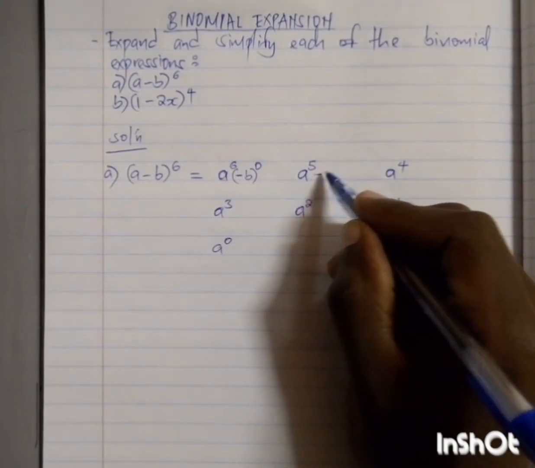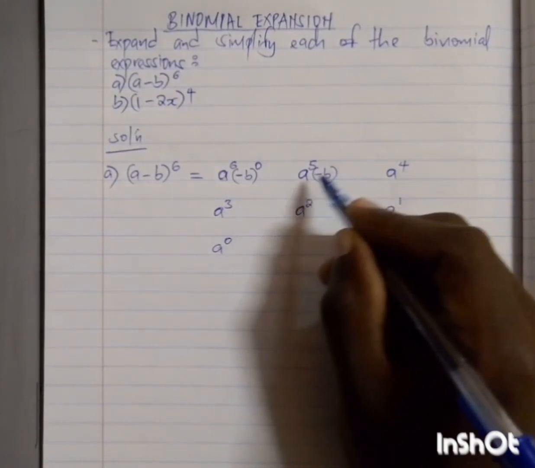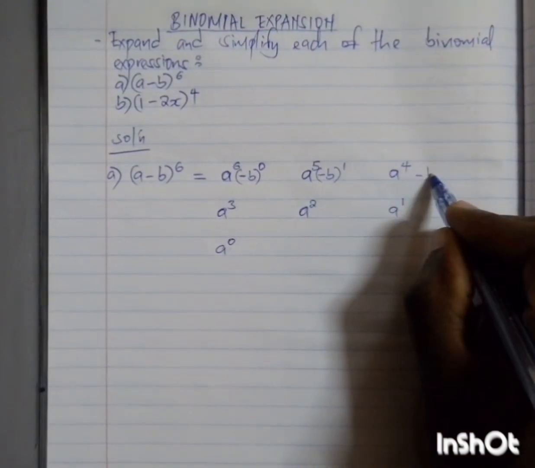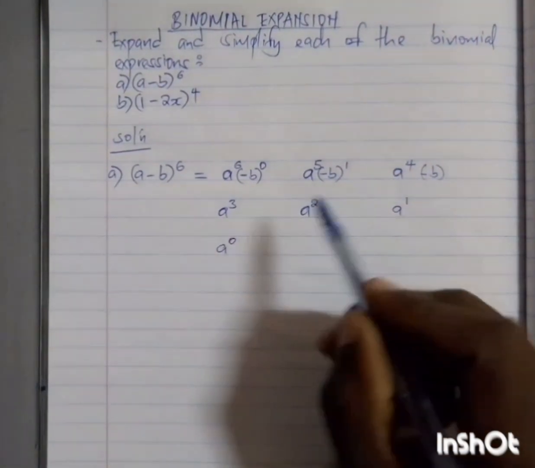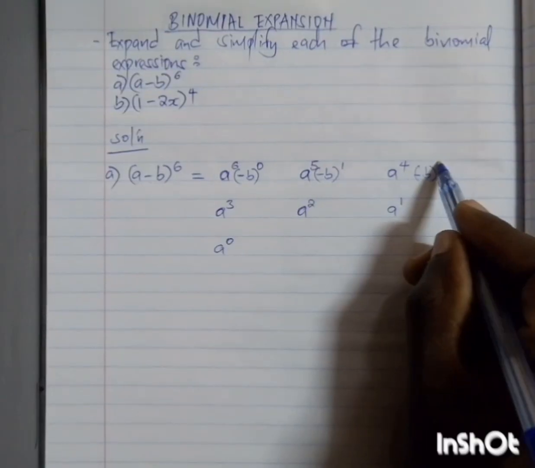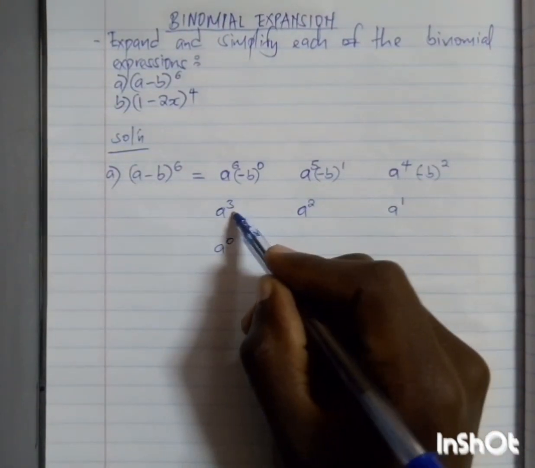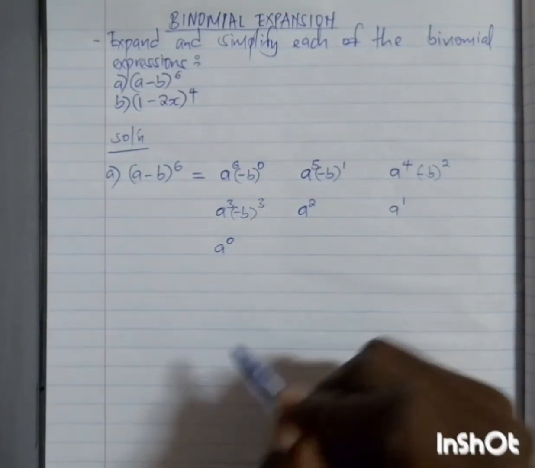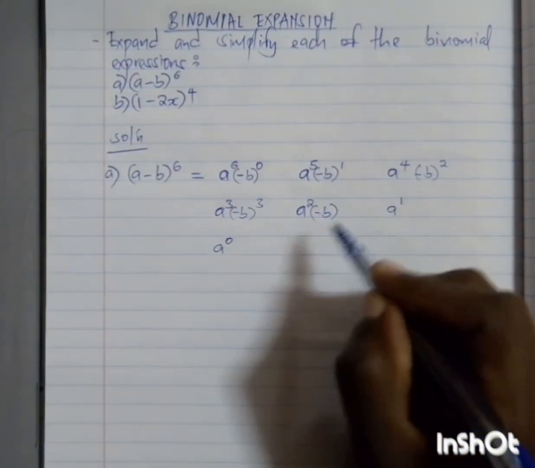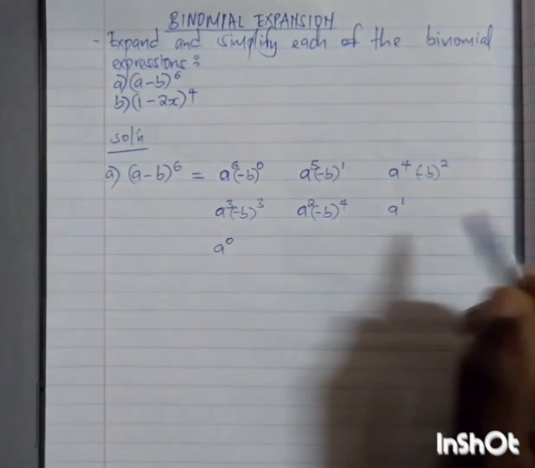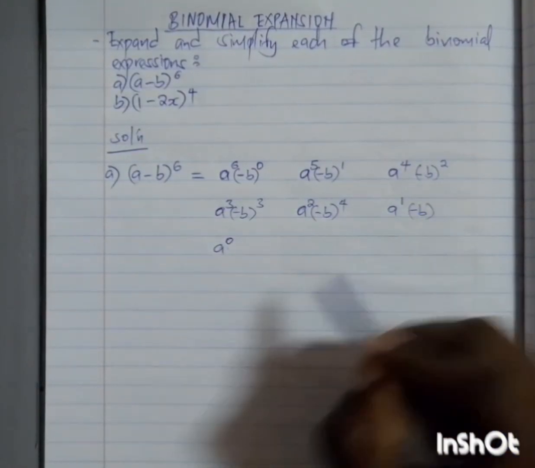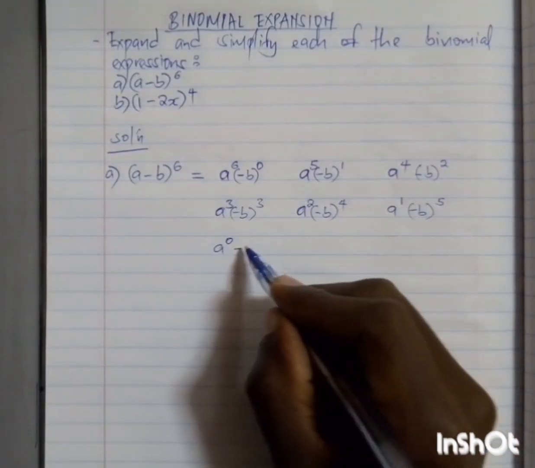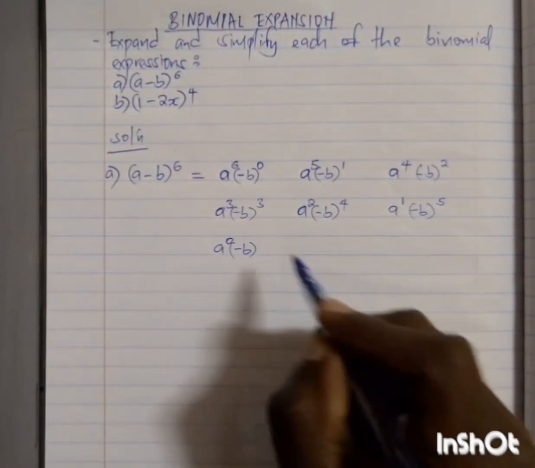So we have (−b) to the 0. 0 plus 1 is 1, and then we have (−b) to the 1. 1 plus 1 is 2, (−b) to the 2. 2 plus 1 is 3, (−b) to the 3. 3 plus 1 is 4, (−b) to the 4. 4 plus 1 is 5, (−b) to the 5. 5 plus 1 is 6, (−b) to the 6.